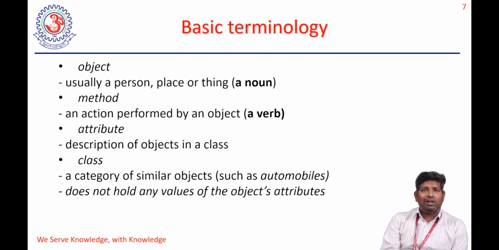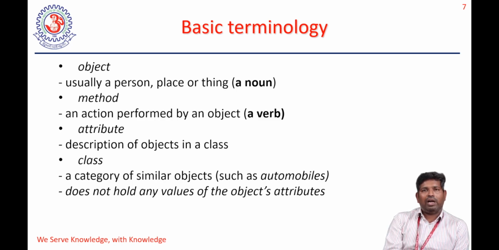I'll explain. If you take any real-time object, it has two things. One is the characteristics of an object, and the other is the actions that particular object will do. For example, if I take an object like a student, it has characteristics described by data, like the roll number of a student, the CGPA of a student, whether the student is a day scholar or hosteler. These describe his characteristics by data. This is what we call an attribute here.